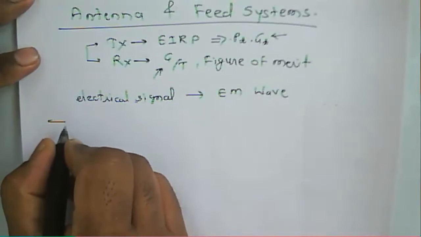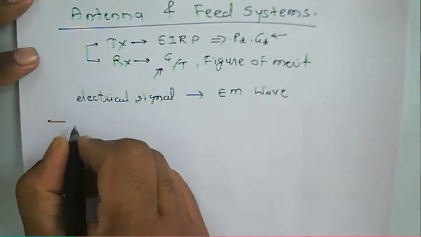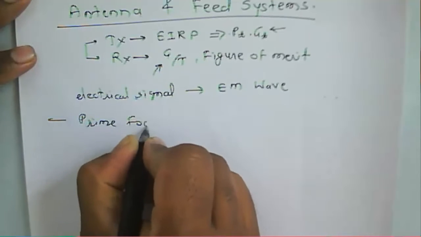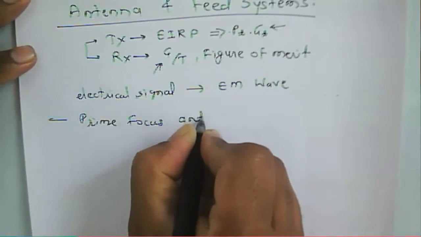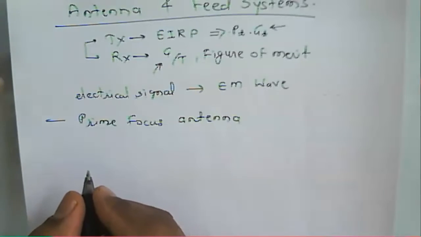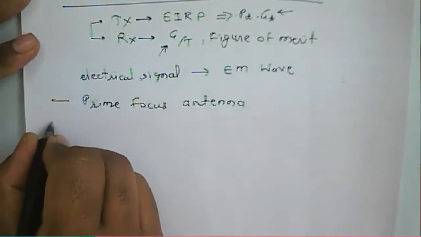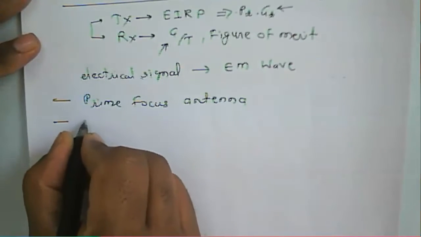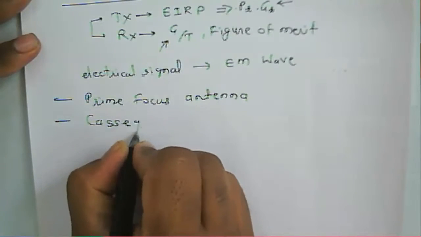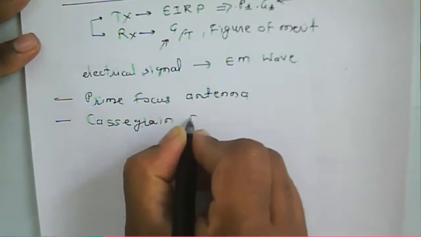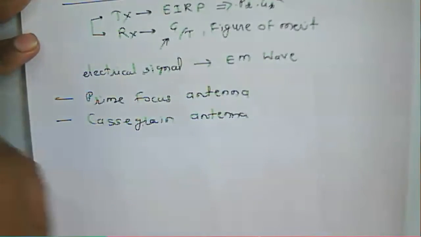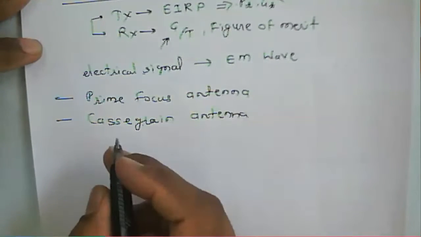First is a prime focus antenna, or you can say a prime focus aperture antenna. Then we will learn about a Cassegrain antenna, another configuration of an antenna.